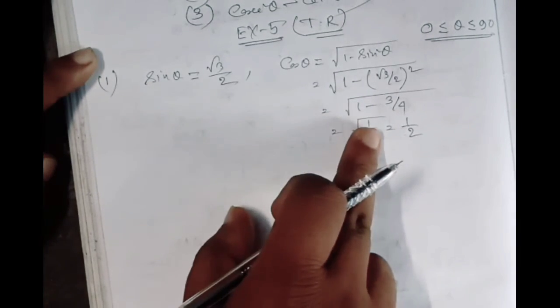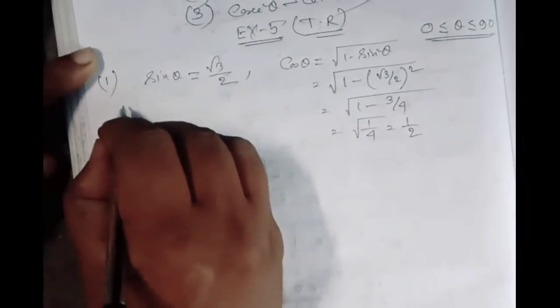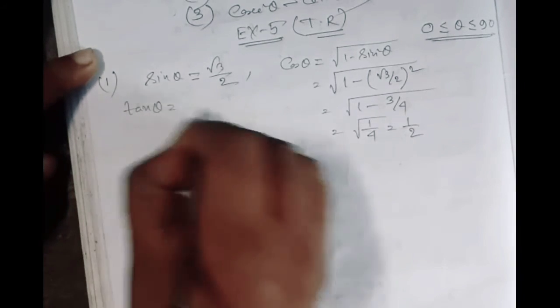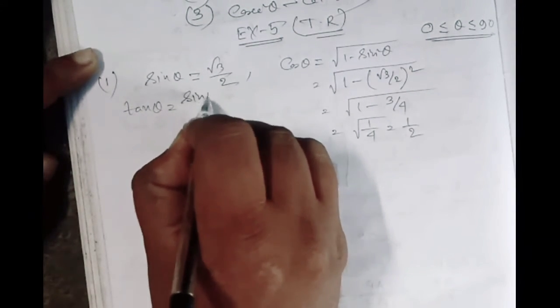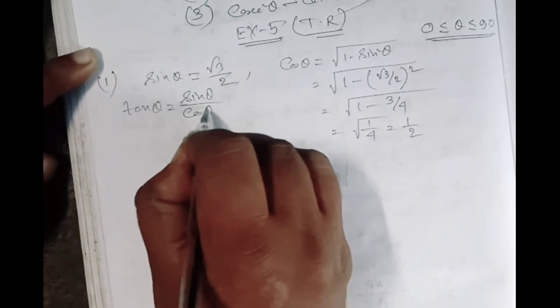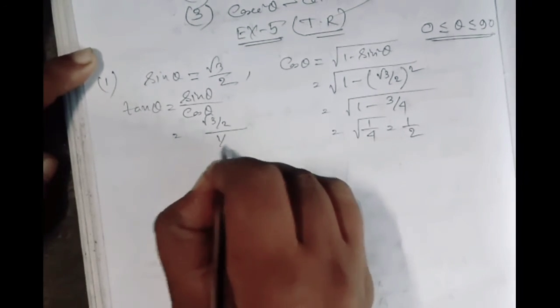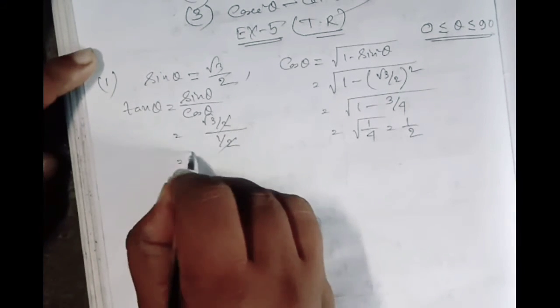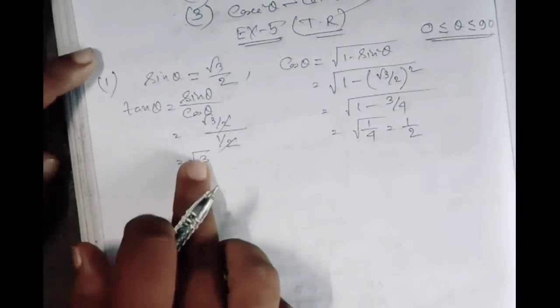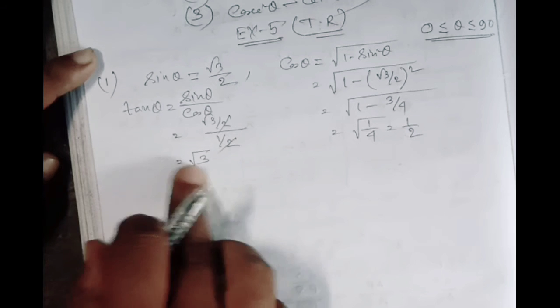So cos theta is easily understandable. Next, tan theta is equal to sin theta by cos theta, that means root 3 by 2 divided by 1 by 2, that means root 3. So tan theta is equal to root 3.